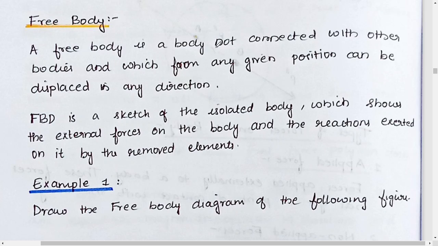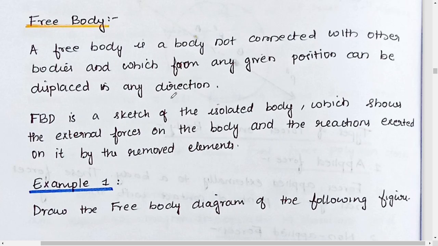A free body is a body not connected with other bodies, which from any given position can be displaced in any direction. That means it is completely independent of the environment. It's just the body and the reactions, the self weight and the other forces acting on that body itself, and everything else is ignored.